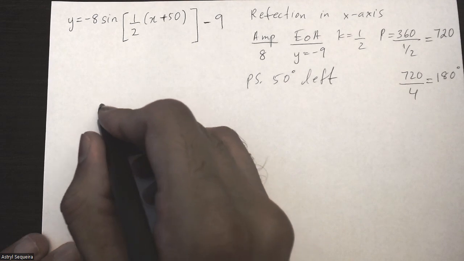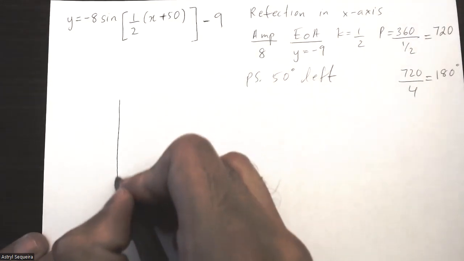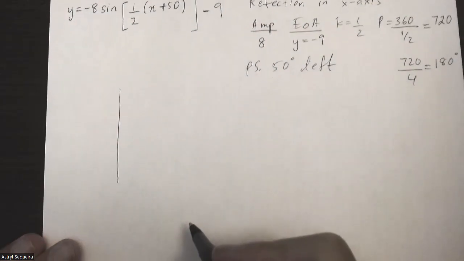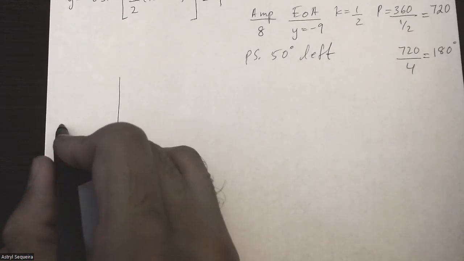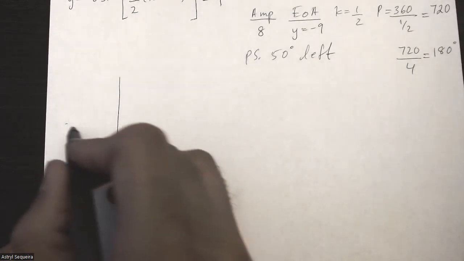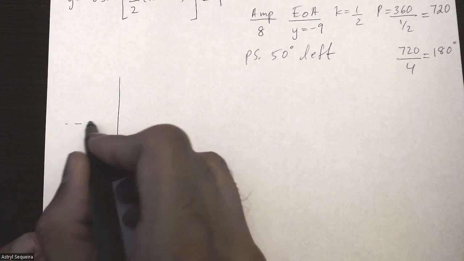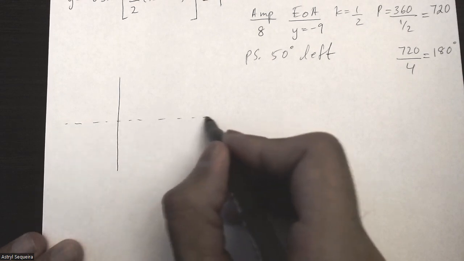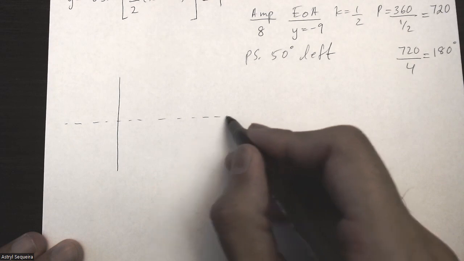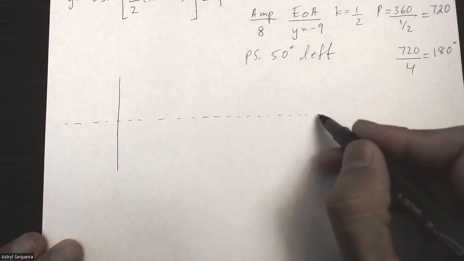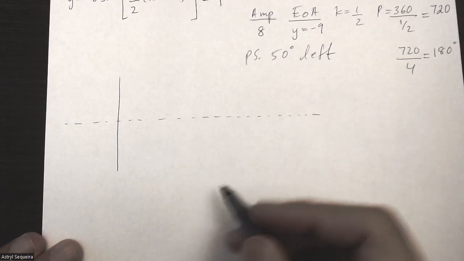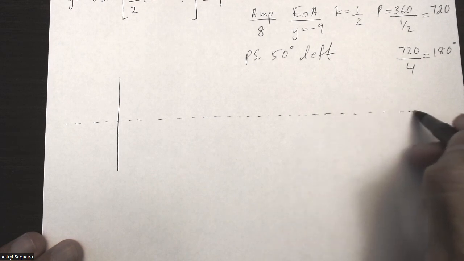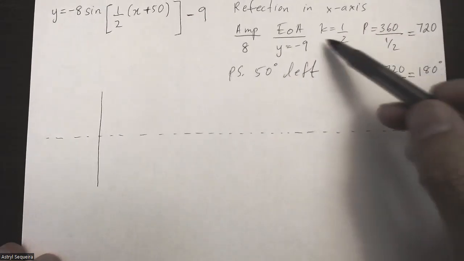I'll always start with my y-axis. And then I'll make my x-axis, but I'll start with my equation of axis in the middle. I'll make it a bit to the left as well, because I know there's a phase shift to the left in this one. So this equation of axis is going to be -9.